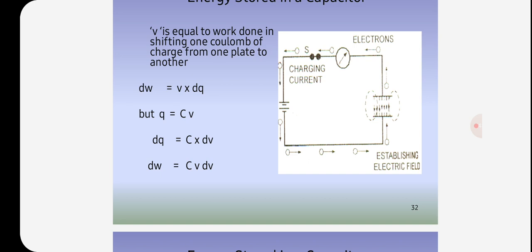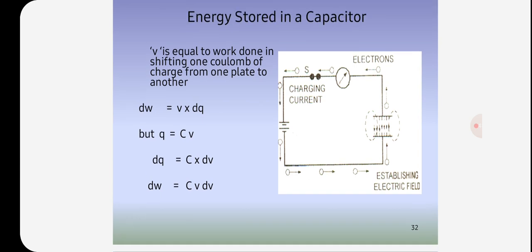V is equal to the work done in shifting 1 coulomb of charge from one plate to another. Here dW is equal to V into dQ, but Q is equal to CV, so dQ is equal to C into dV, and dW is equal to CV dV.